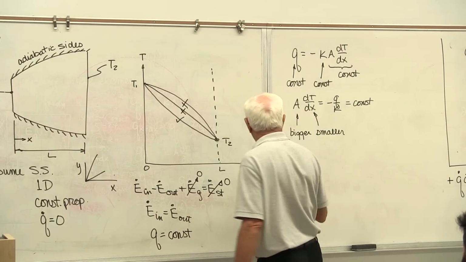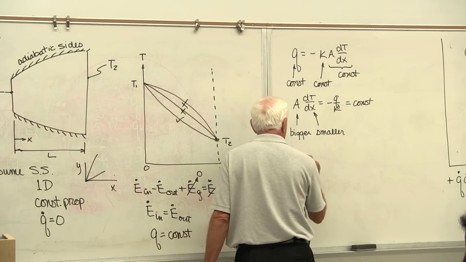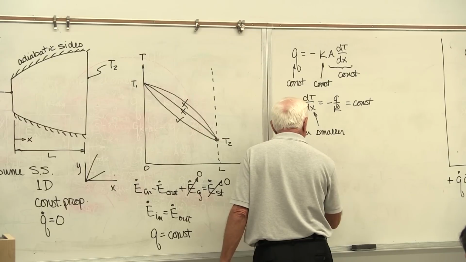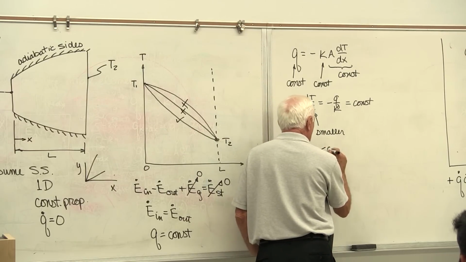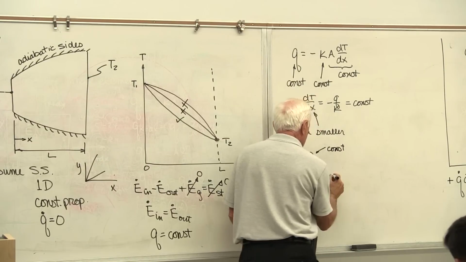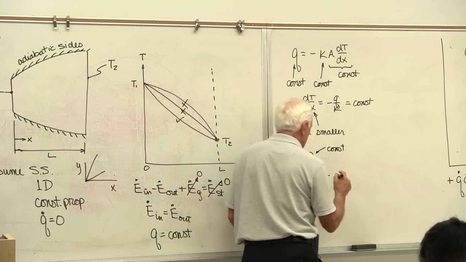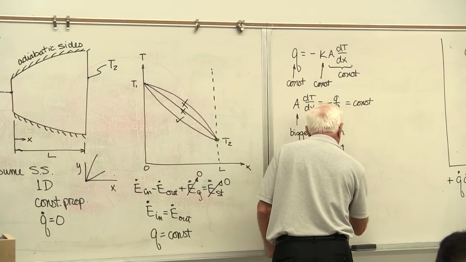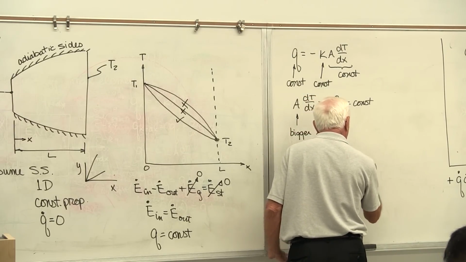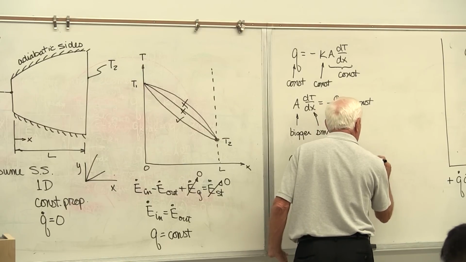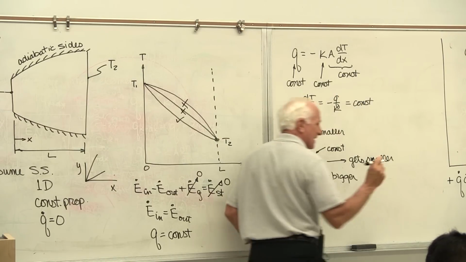If you want to look at Q double prime, Q over A, what happens here? The numerator is constant. In the denominator, as x gets bigger, the area gets bigger. Conclusion: Q double prime gets smaller. That's kind of intuitive.